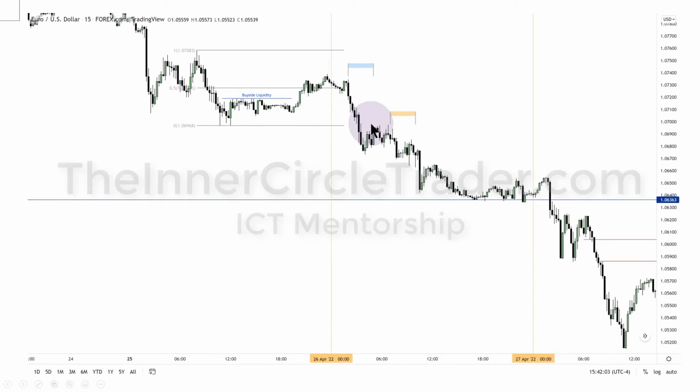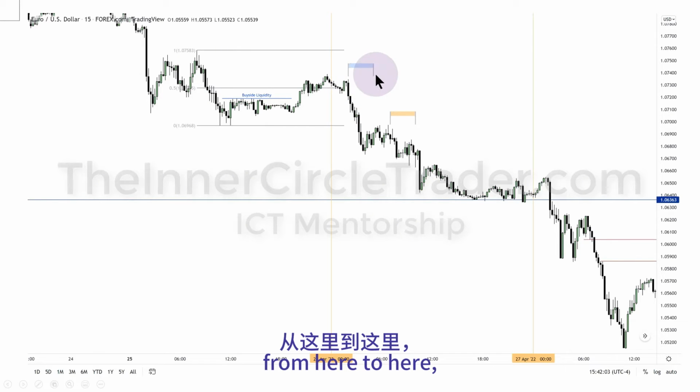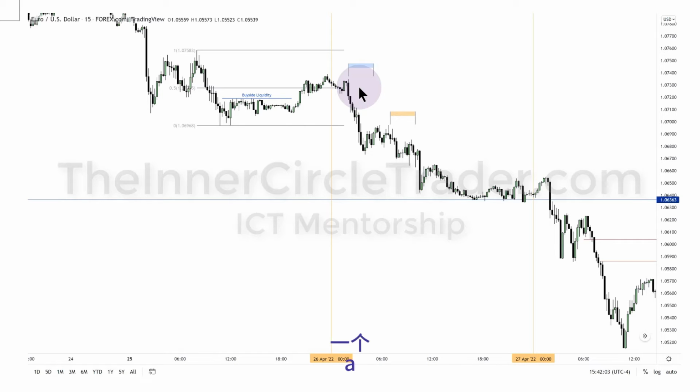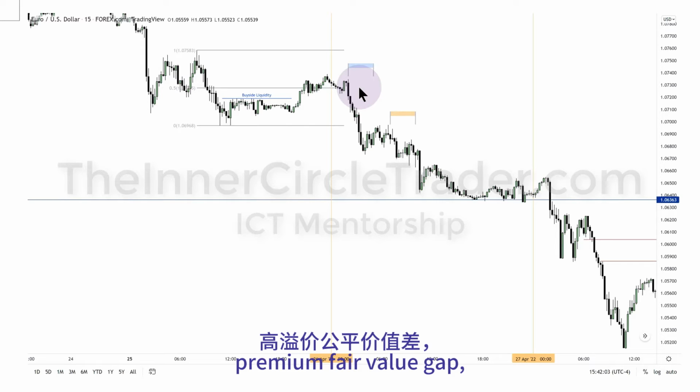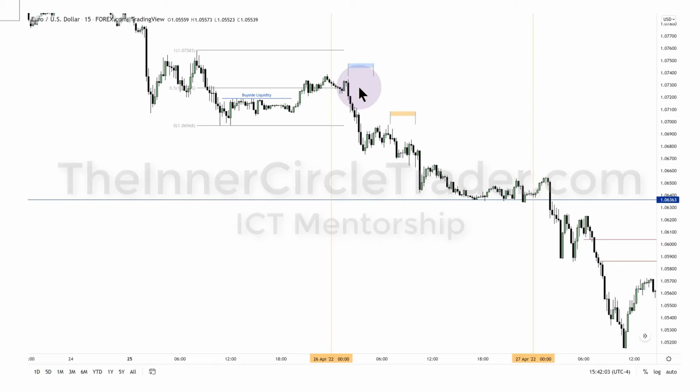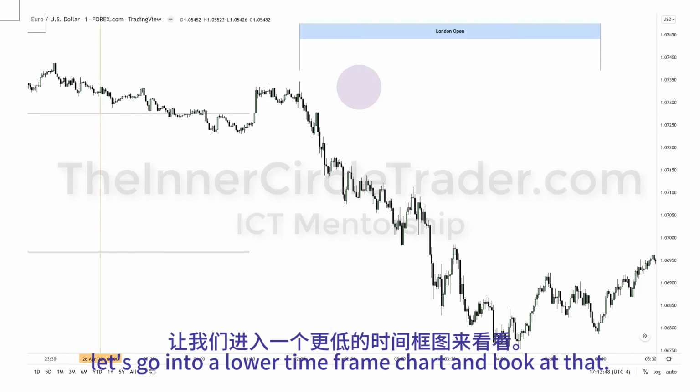In this area here, this is London kill zone. New York kill zone. In this area here, from here to here, I said I would look for a bearish breaker, a premium fair value gap, something to get short on, and let's go into a lower time frame chart and look at that.